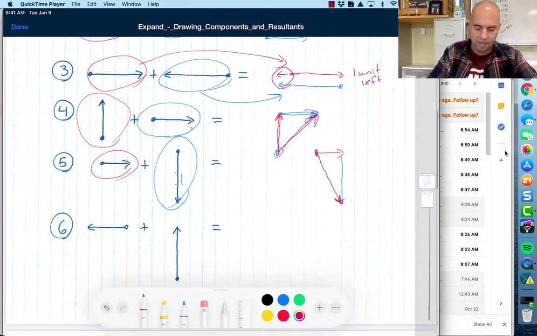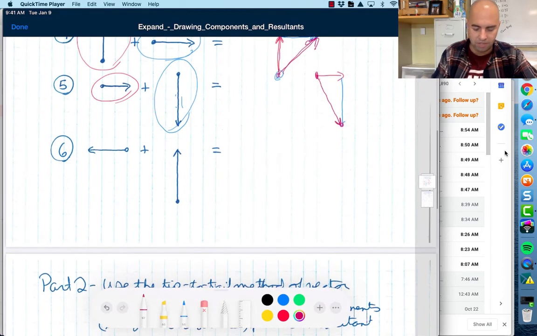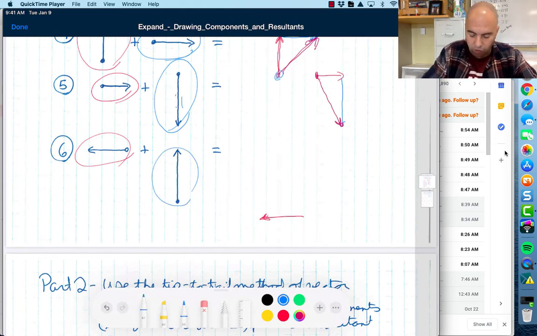Okay. Same idea here for number 6. We're going to go 3 to the right. And oops, I probably should do this in a different spot. Let's go 3 to the right. And then my second component is this one, which is 4 up.